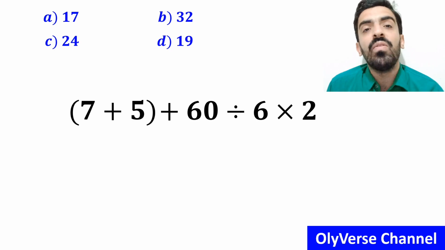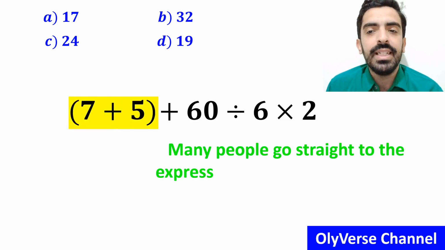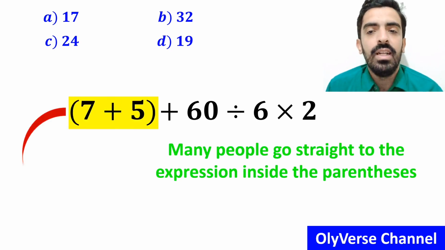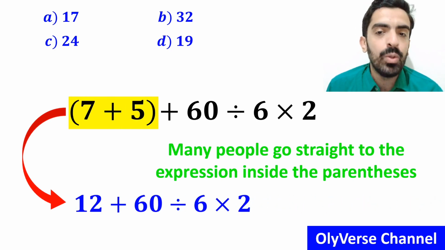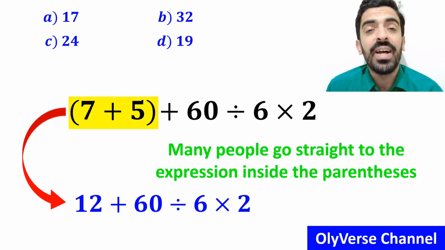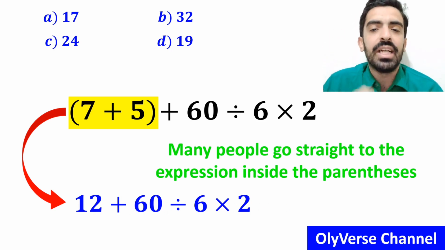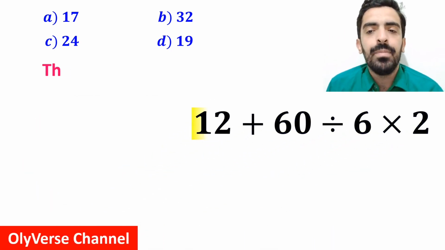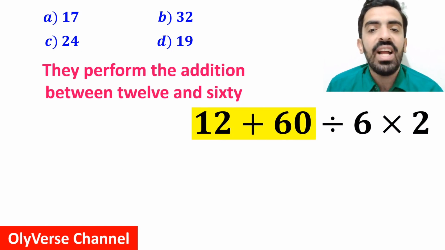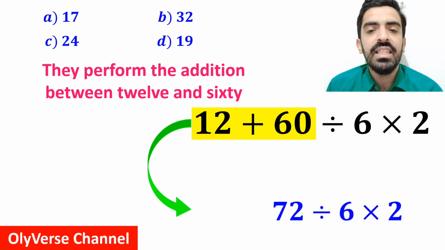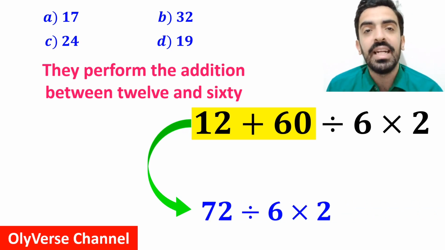In the first step of solving this question, many people go straight to the expression inside the parentheses and simplify the whole expression to 12 plus 60 divided by 6 multiplied by 2. In the next step, they perform the addition between 12 and 60 and simplify this expression to 72 divided by 6 multiplied by 2.